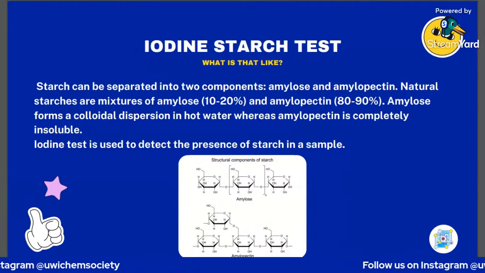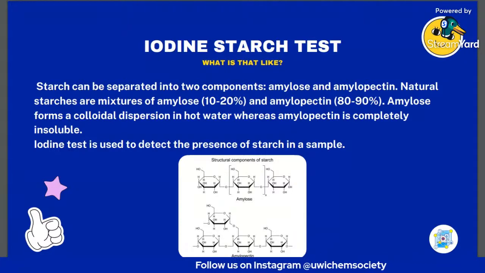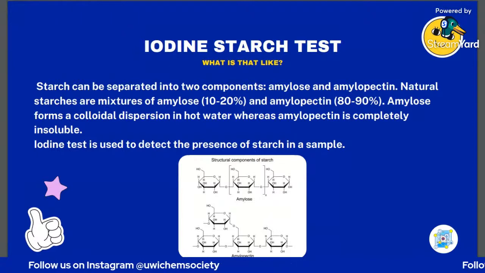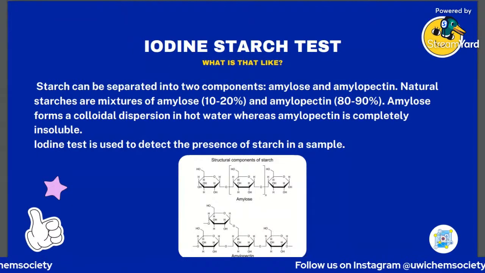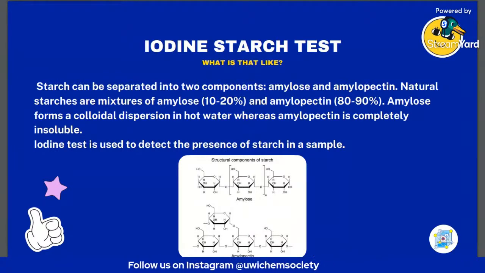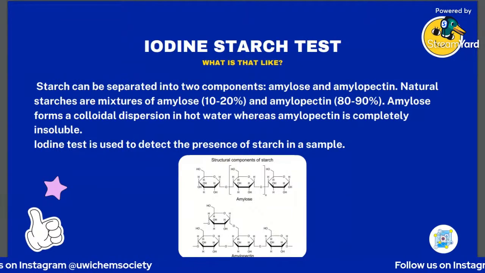So this is a qualitative test, not quantitative. You're not necessarily determining how much starch is there. It is possible to do titrations to determine that, but you're trying to detect or tell if starch is present.